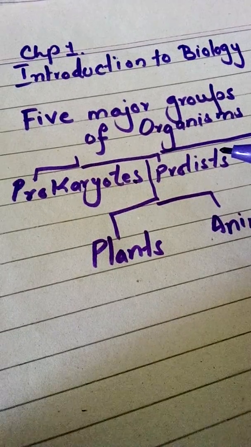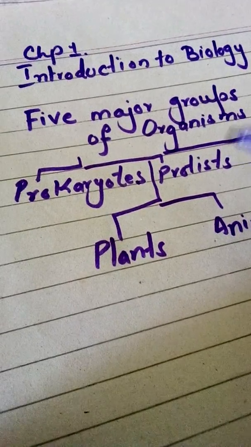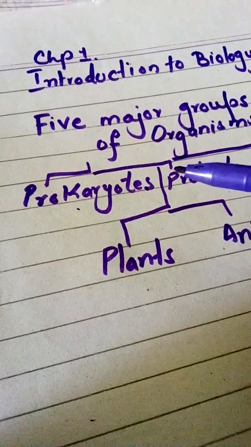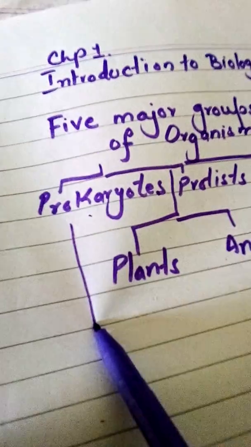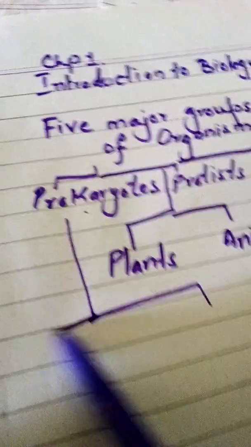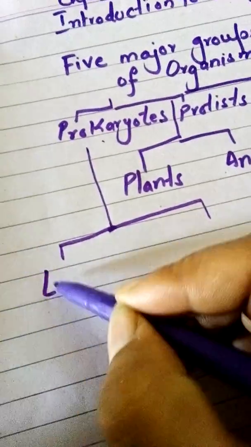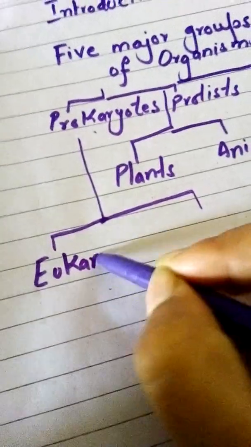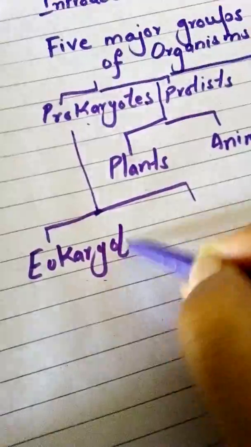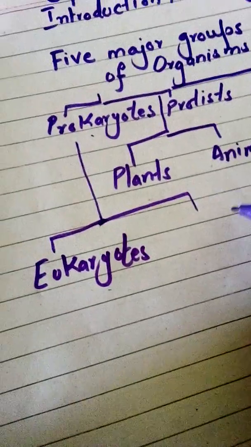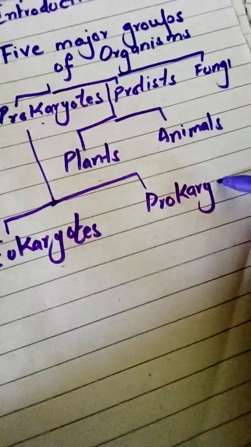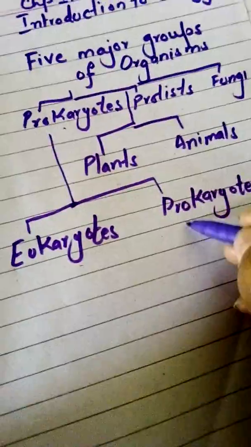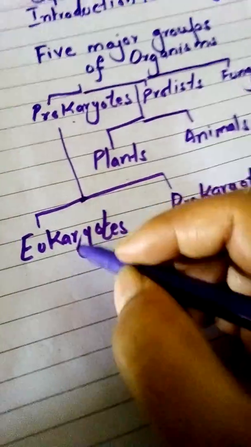So we very well know the types of cells and the difference between prokaryotes and eukaryotes. When we talk about prokaryotes, two things come to our mind: eukaryotic cell and prokaryotic cell.